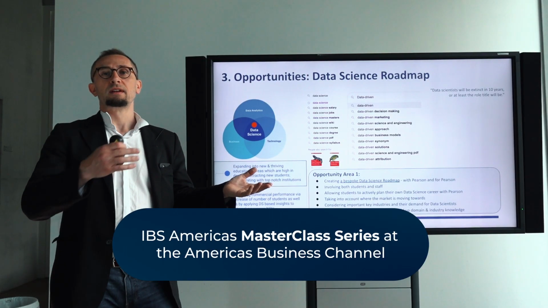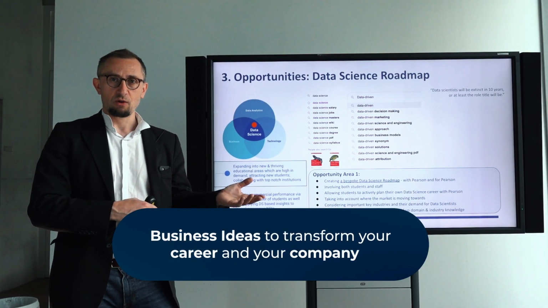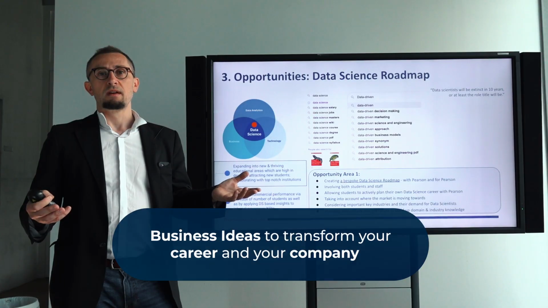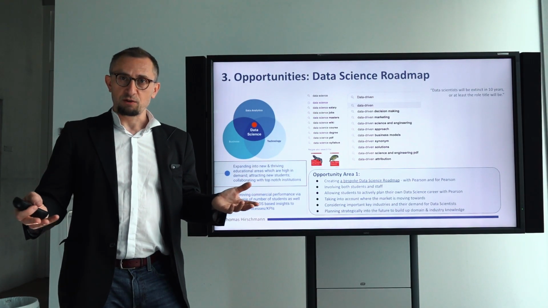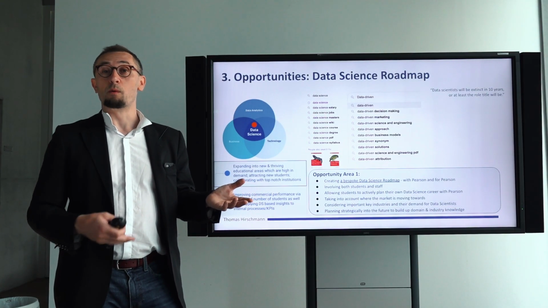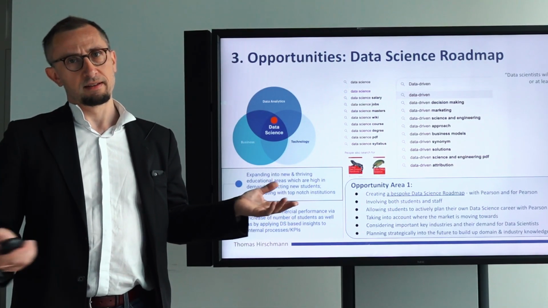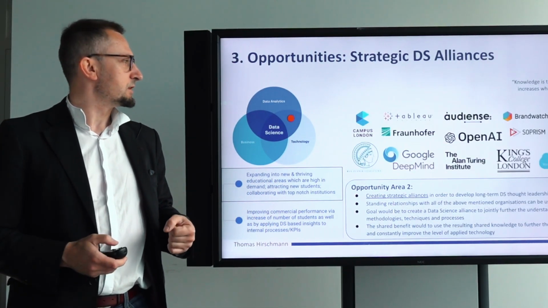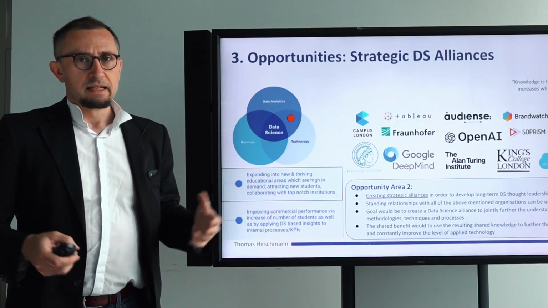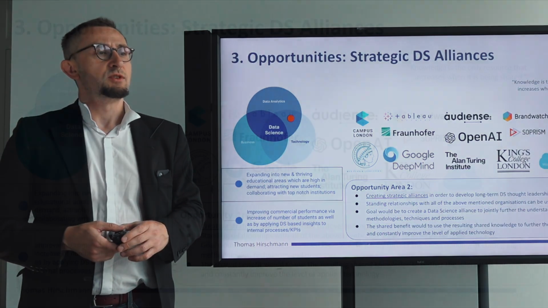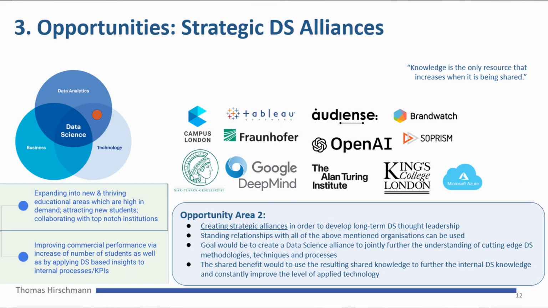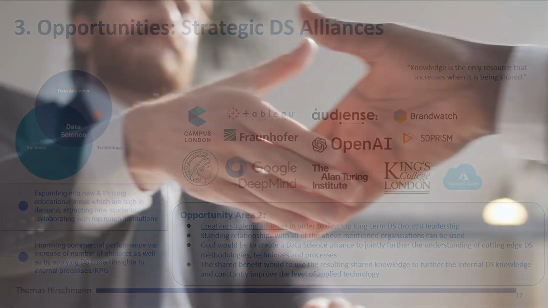If you would obviously look into the existing courses and match that with data from prospective students as to what they're seeking for or what other universities would provide. Here is a concrete question that could be solved with data science. Now, opportunity area two for me is about partnering with the right people.